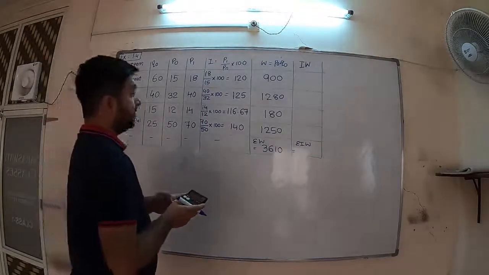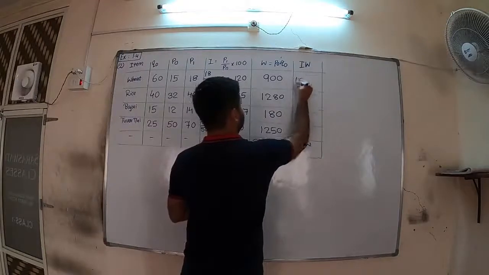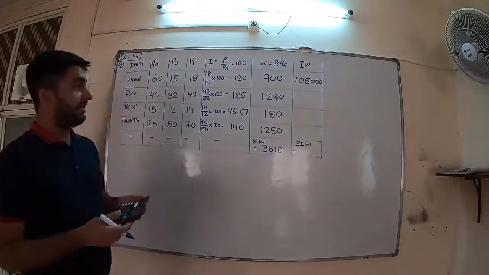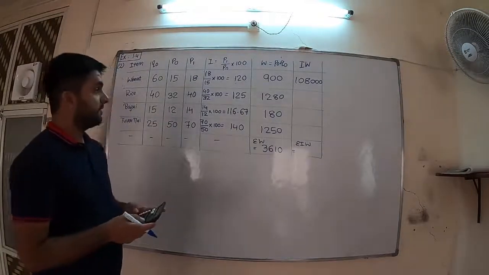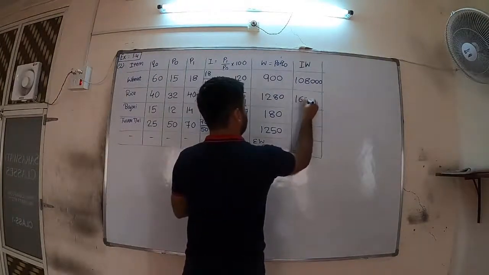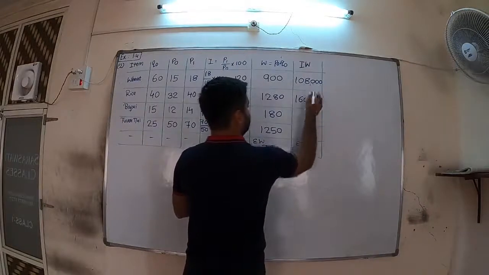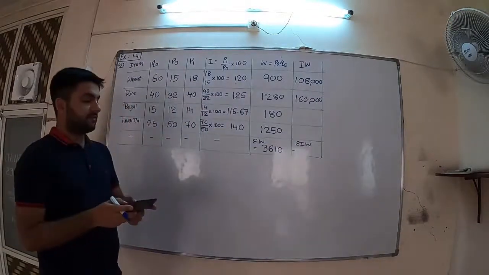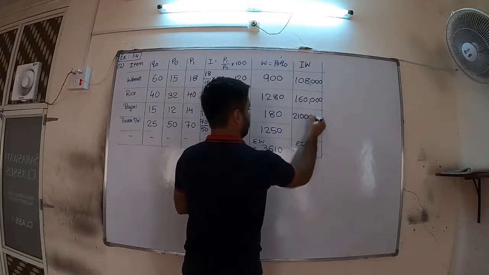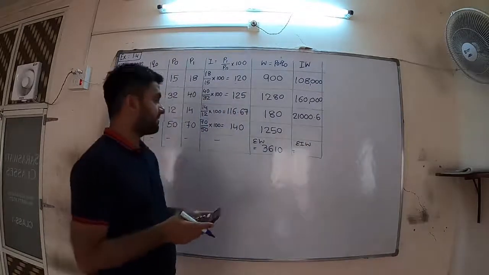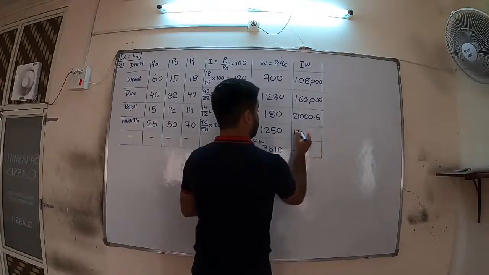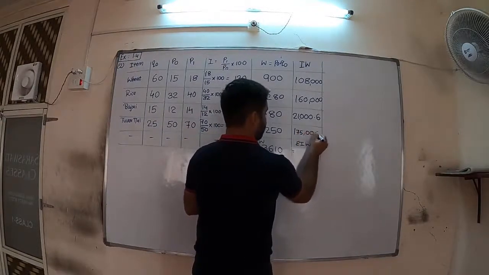Okay, now 120 into 900 is 1,08,000. Then 125 into 1280 is 1,60,000. 116.67 into 180 is 21,000.6. 140 into 1250 is 1,75,000.